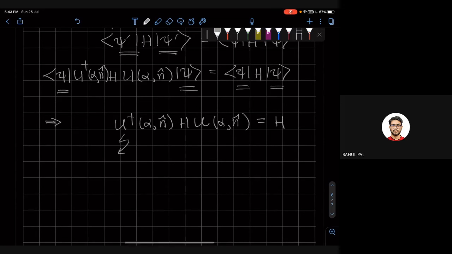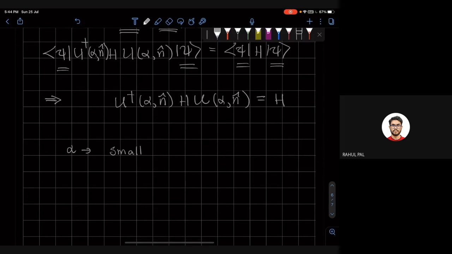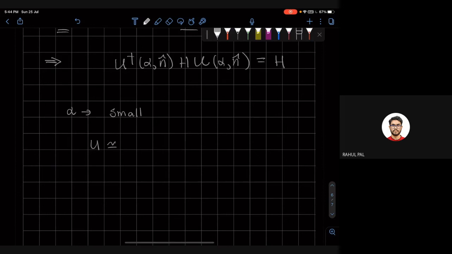But this thing is nothing but U inverse. Actually, what I'm going to do is something different. I'm going to take alpha small, so that we can express U as a power series in alpha.